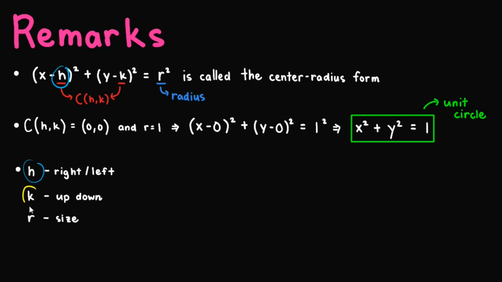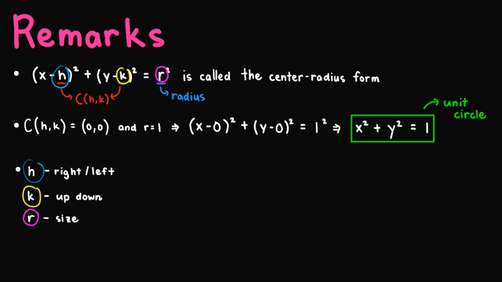The k out here represents the translation of a circle up and down, so it's like moving the unit circle up then moving it down by changing or manipulating its value. And lastly, the radius out here refers to the change in size or the scaling of our circle, our unit circle.